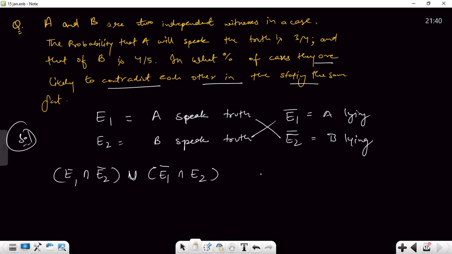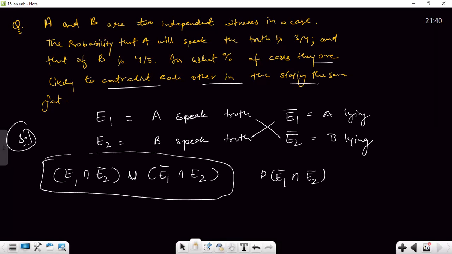Probability of E1 lying and E2 also lying, that may also happen. So this is one scenario where A is lying.